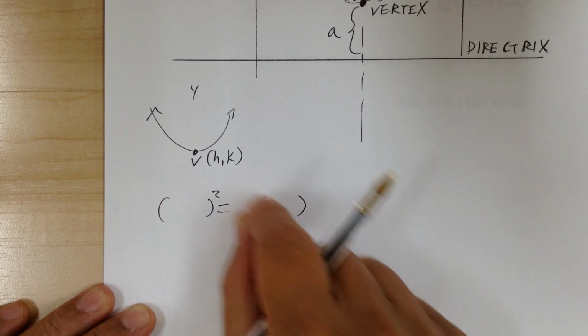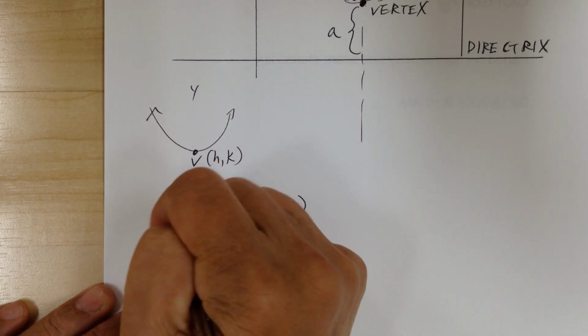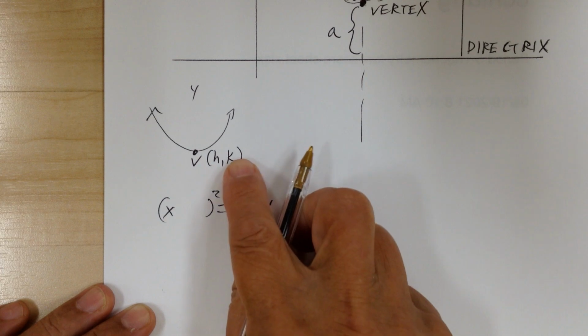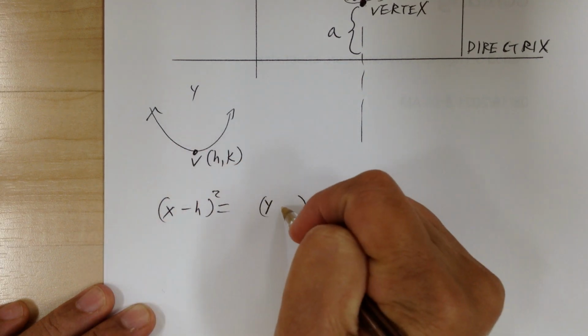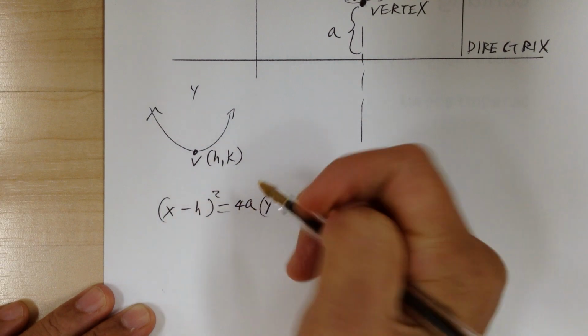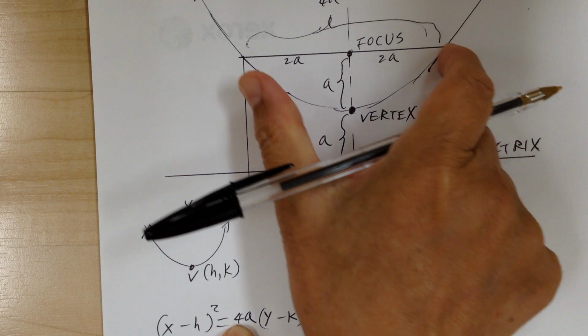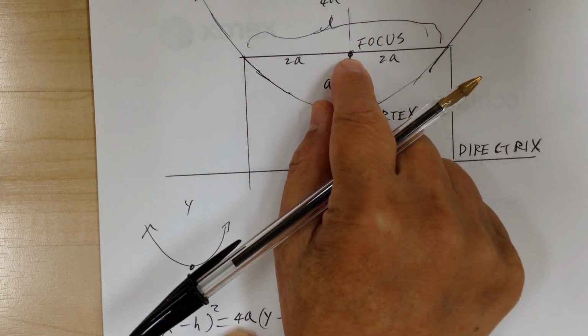And this tells you the direction. If it opens in the y direction, the y will go over here, and the x will be over here. And this would be minus h, this would be minus k. And this number over here is 4a, which is the opening of this graph at the focus.